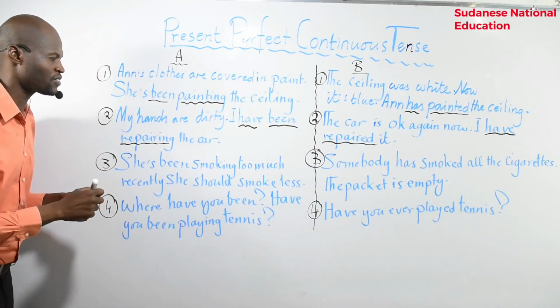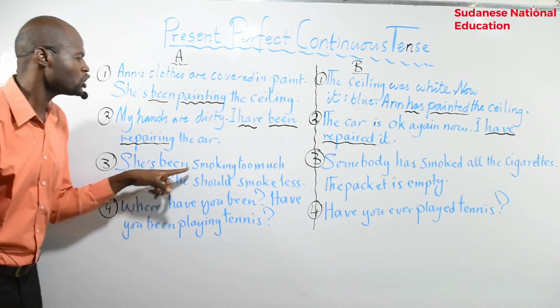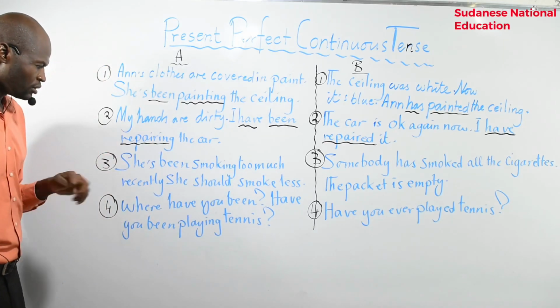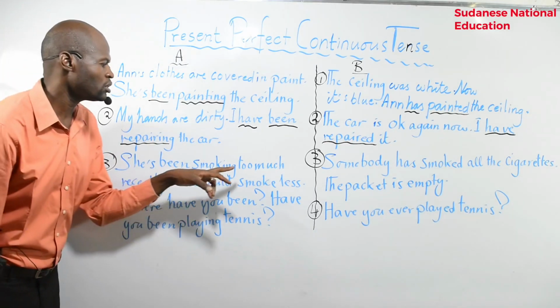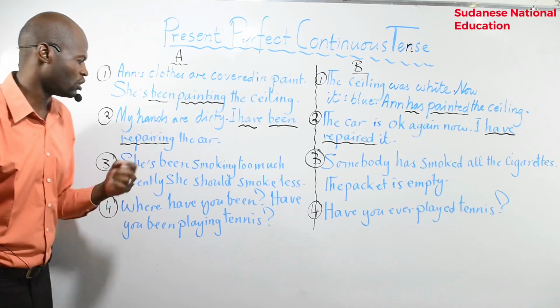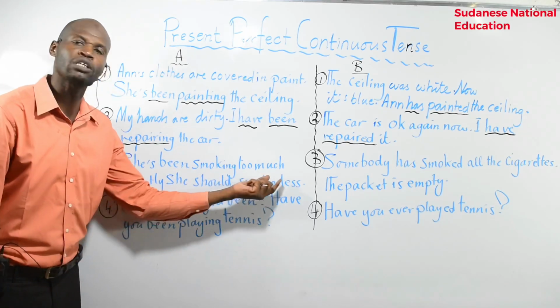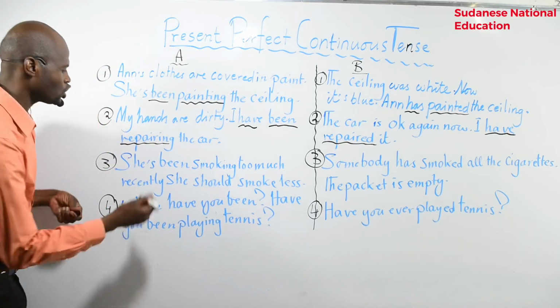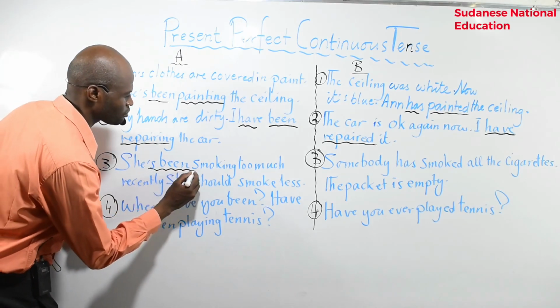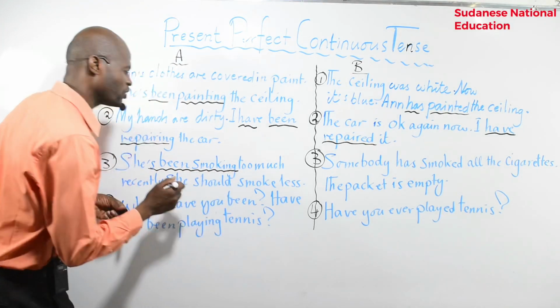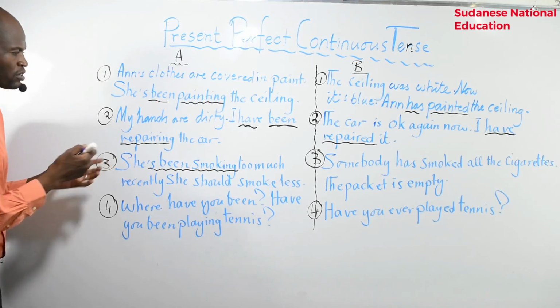Let's take another example here. She's been smoking too much recently. She should stop smoking, or she should smoke less. So here, the action of smoking is still happening with her now.